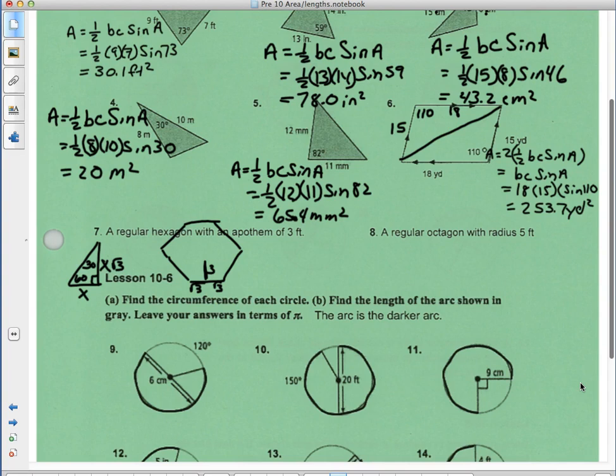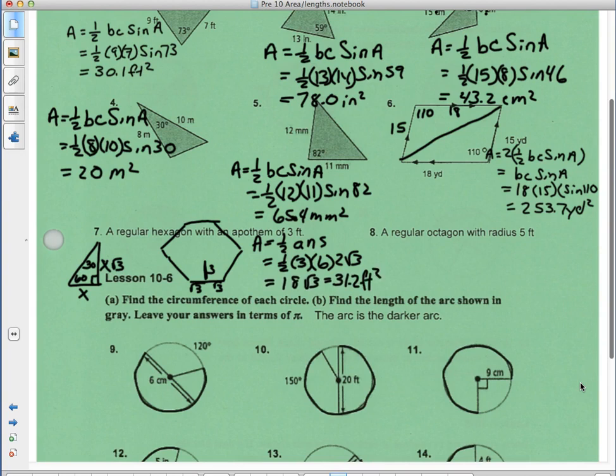So I'm going to use 1/2 a n s, and a is 3, n is the number of sides, 6, and s is 2 square root of 3. Okay, I got 9 times 2 square root of 3, or 18 square root of 3, that I'm popping in my calculator, and I get 31.2 feet squared.